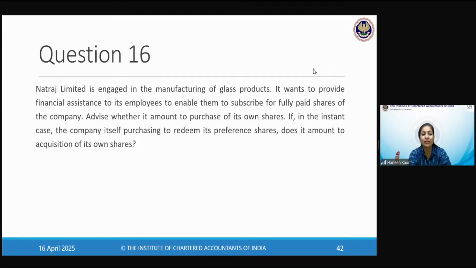It wants to provide financial assistance to employees to help them buy fully paid up shares. Advise whether it can purchase its own shares. In the instant case, does the company purchasing to redeem its preference shares amount to acquiring its own shares? Read it very carefully and again try applying your mind. So presence of mind is very important.